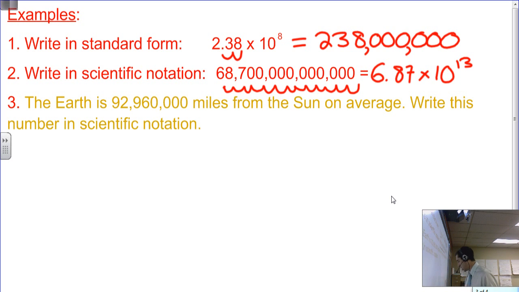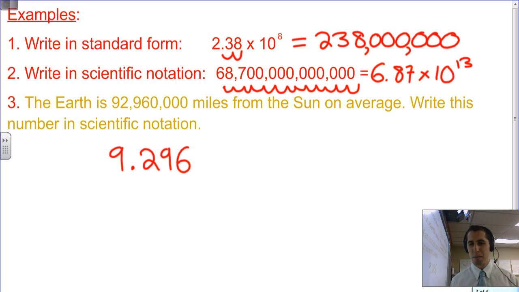Okay, again, we know that we just need the decimal after the first digit, and then all these other ones are meaningful because if I'm just multiplying by 10 to a power, that 2, 9, and that 6 won't appear out of nowhere. I would just think they were placeholder zeros. So I need to include those so we know that we're not just filling in these place values with zeros. So we include all of the non-zero digits in that first number. And then we need to multiply by 10 to an exponent.